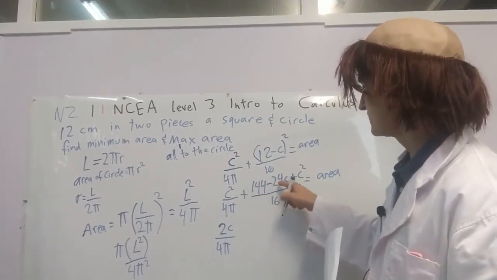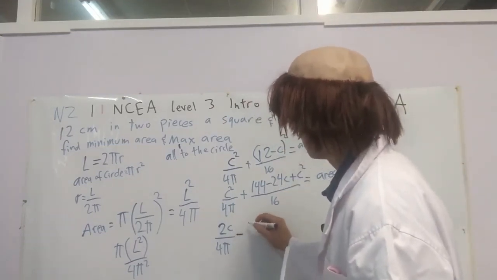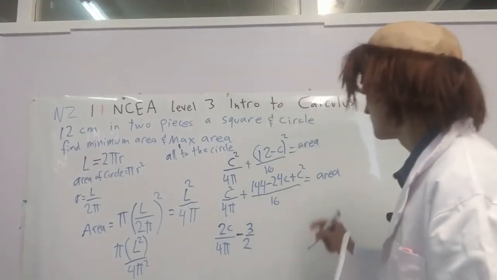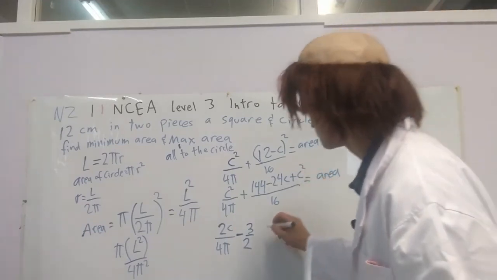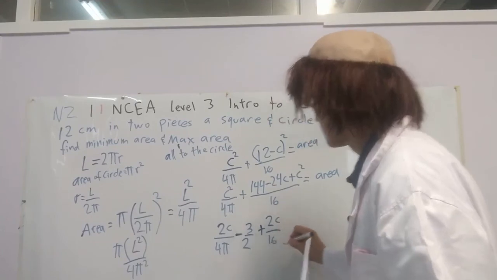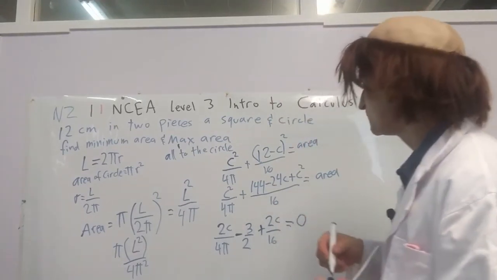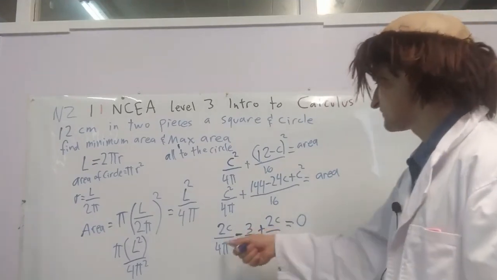This becomes negative 24 over 16. That becomes negative 3 over 2. And this becomes plus 2C over 16. And we want to optimize it, so we'll say it equals 0. So now we just have to solve this.